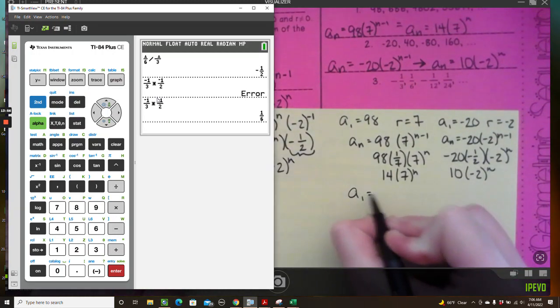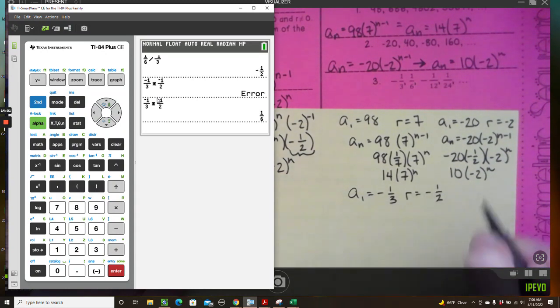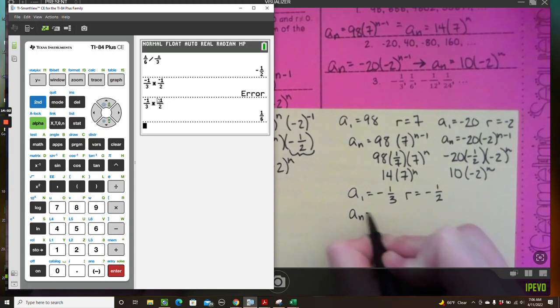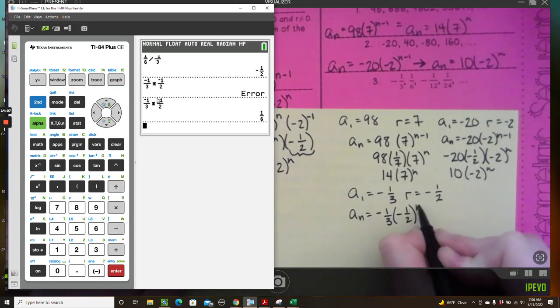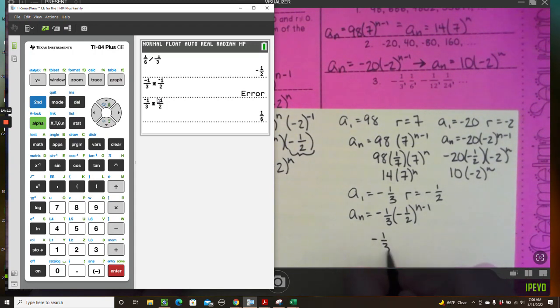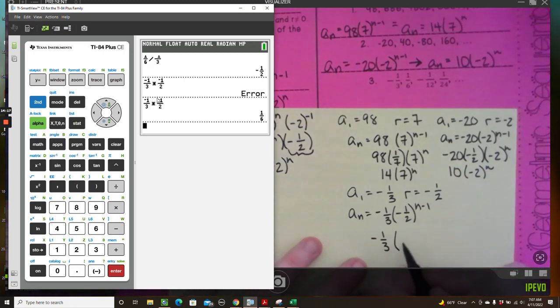So A of 1 is negative 1/3. R value is negative 1/2. So A of n equals negative 1/3 times negative 1/2 to the n minus 1. Now, negative 1/2 times a negative 1 is going to flip it, so that's going to become just a negative 2. And then we still have negative 1/2 to the n.